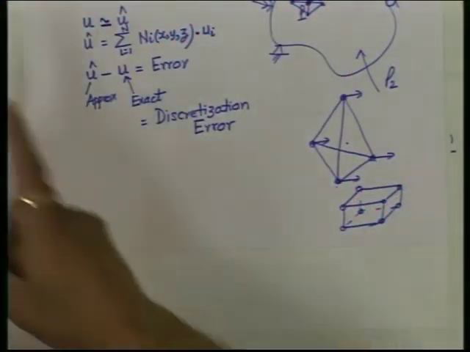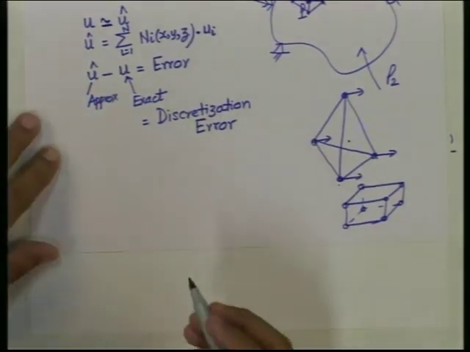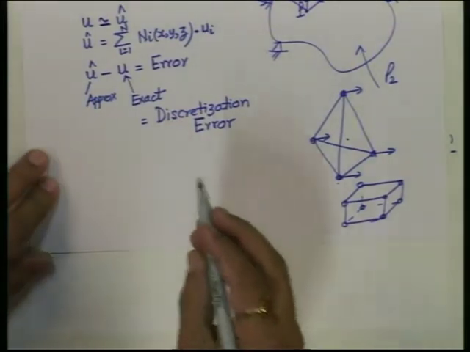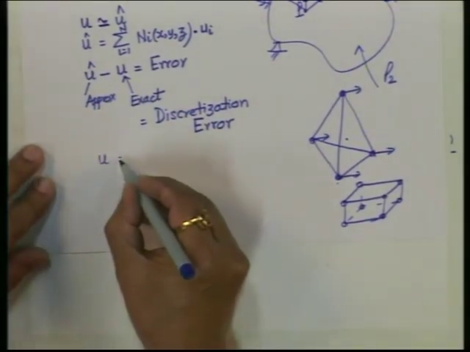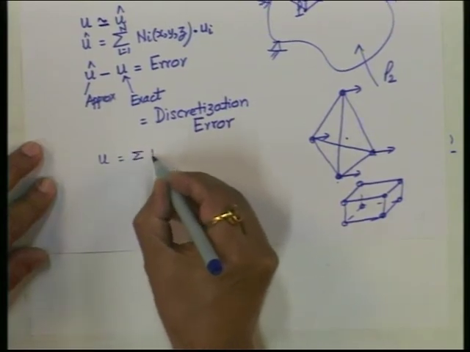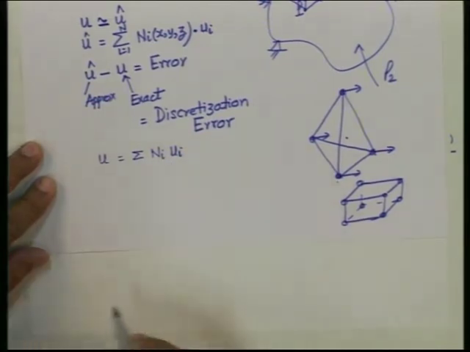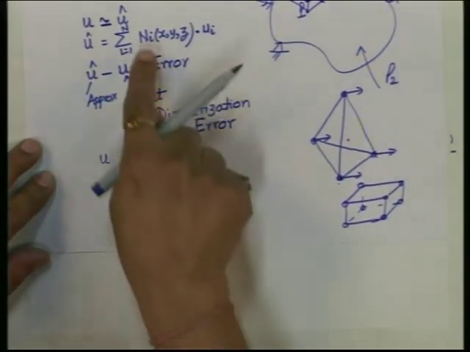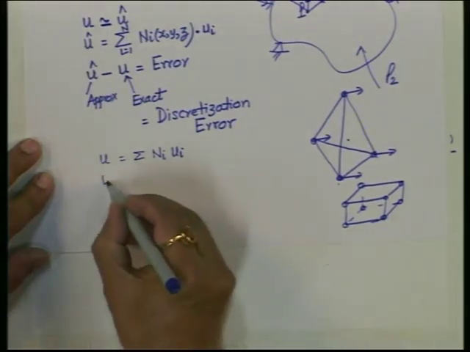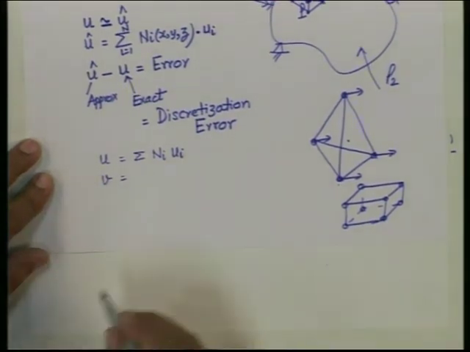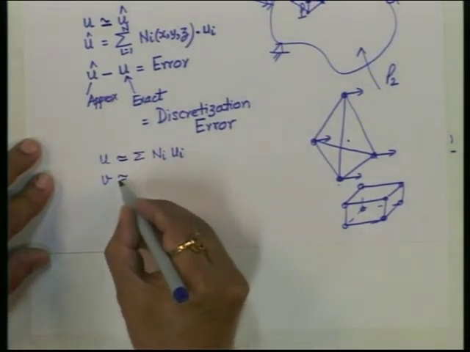Having given this, our standard procedure is first to discretize the displacement. So, we write u equal to sigma N i u i. Now, N i means shape functions and u i nodal values. I am not writing x y z, it is implied that it is a function of x y z. v equal to, it is actually approximately everywhere.